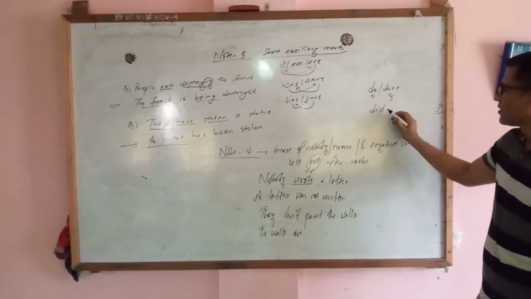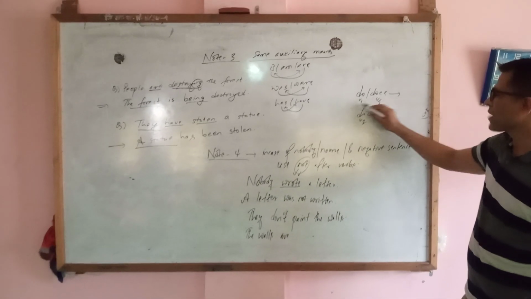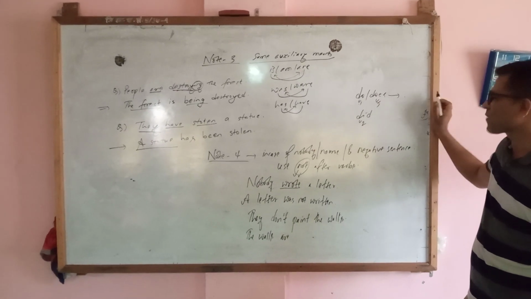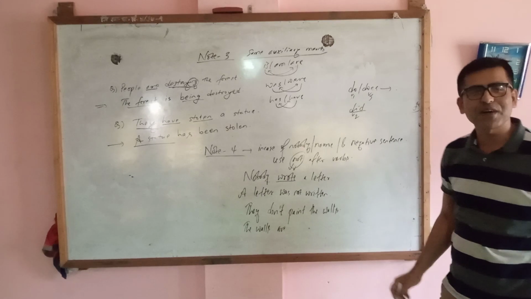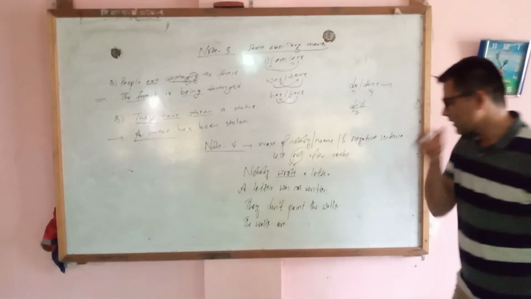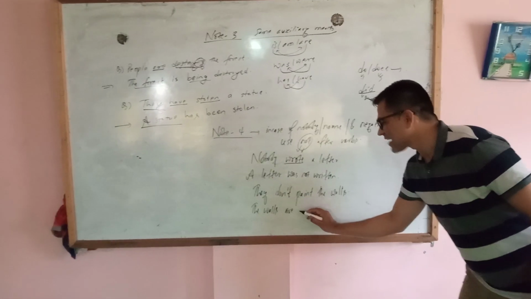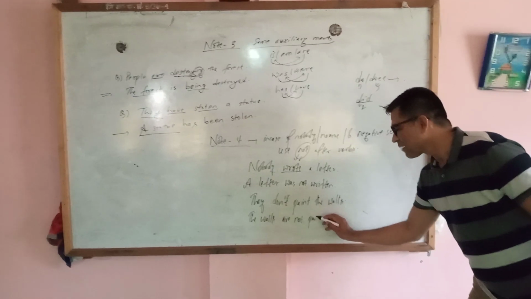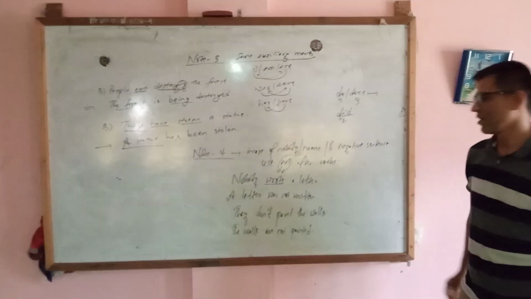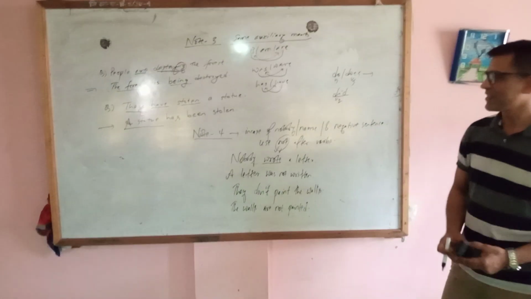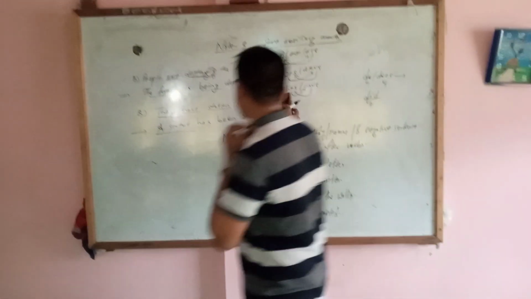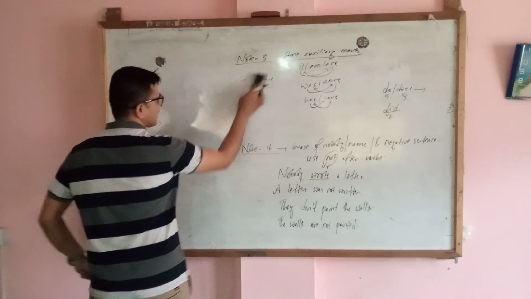Did means V2. And what is the formula of V1, V5 into passive? Is, am, are plus V3. And did means V2. What is the formula? Was, were plus V3. So you need to understand that the walls are not painted. The walls are not painted. By them is not necessary. Or you can write it sometimes, no problem. Like that.